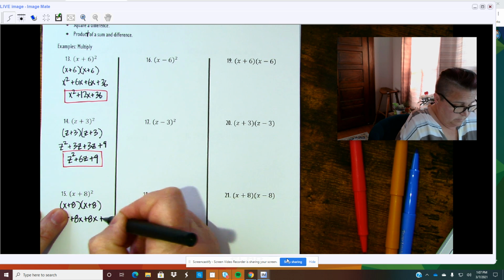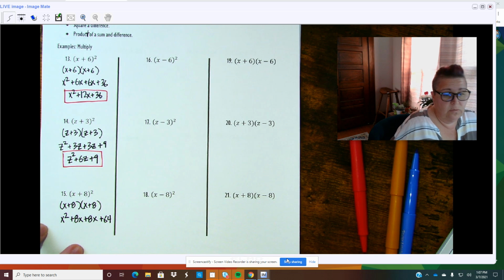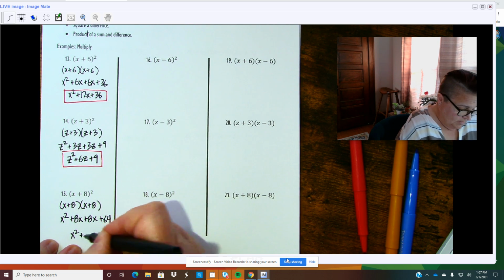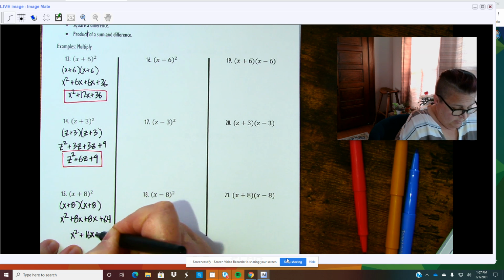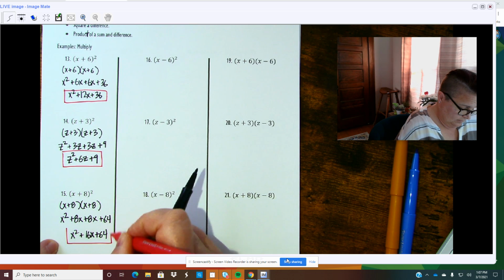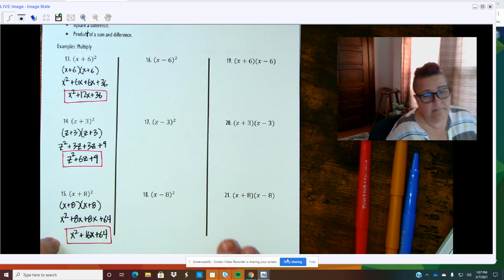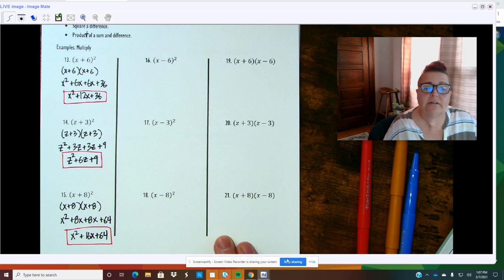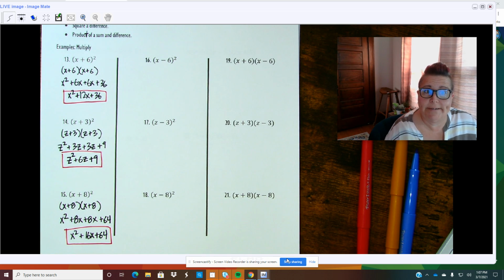And the last one would be 8 times 8, or 64. When I simplify this, I have x squared plus 16x plus 64. Now, each one of these, there is a pattern. I'm not going to tell you what the pattern is, but I do want you to watch for it.